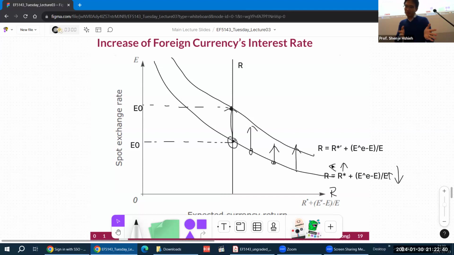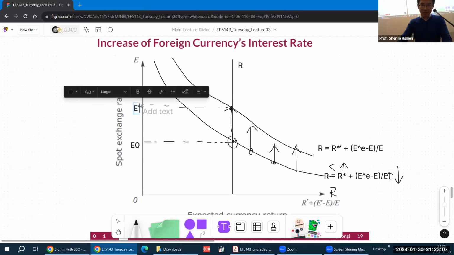If R is greater than R star plus E hat E without changing E, then carry traders will come in, borrow the domestic, and lend out at the foreign currency. When they convert domestic to foreign currency, they have to sell domestic in favor of foreign, which means the domestic currency is getting weaker, which means E must increase. Sorry, E prime here.